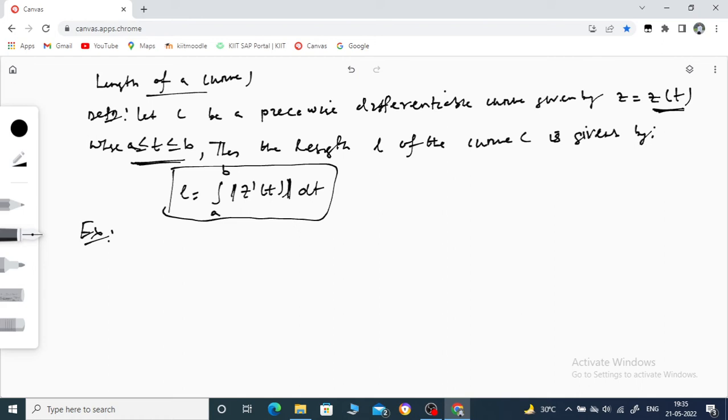Now by using that formula, I will find the length of a curve. So consider a circle. Suppose a circle C is given to you whose center is 0 and radius is r.